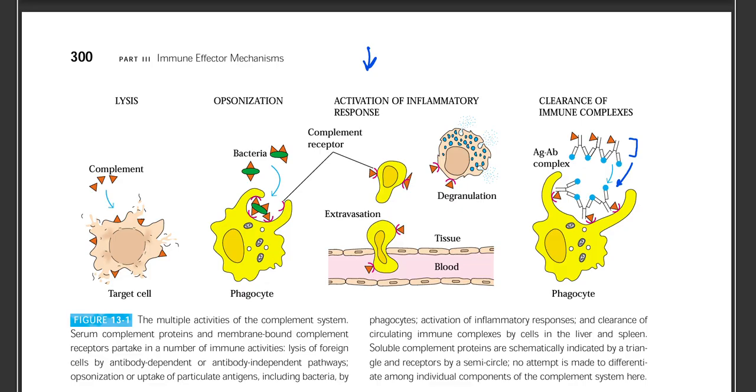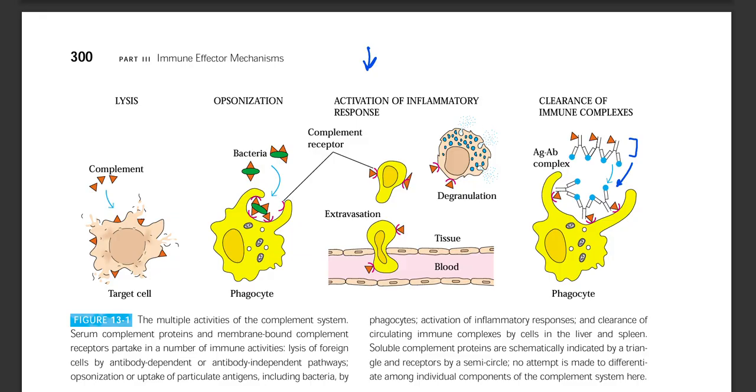And last but not the least, these complement proteins also help to elicit the inflammatory response. There are mast cells in our body. This is a particular mast cell. The mast cell is responsible for the release of certain chemicals, for example leukotrienes, bradykinins, as well as prostaglandins.